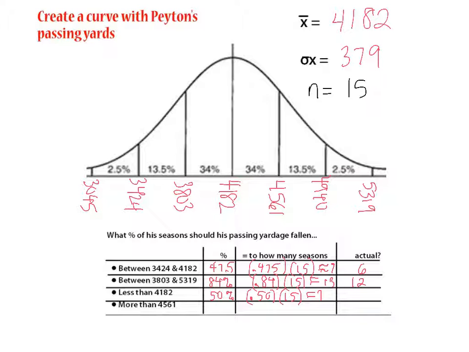That's about 7.5. So let's see, how many were less than 4182? I have 7. All right, pretty good.